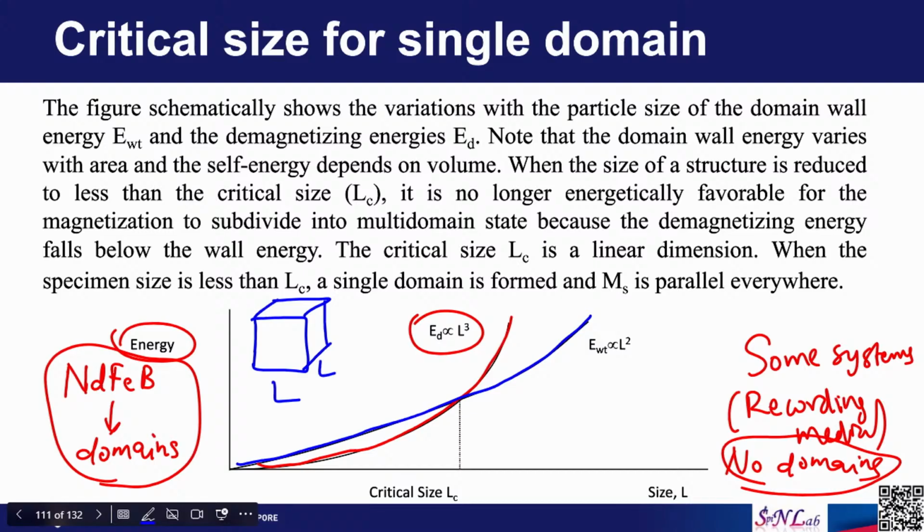If this L is very large, then we are in this region. For large L, you are in this region. That means the magnetostatic energy is much larger than the domain wall energy, so here we will have formation of domains.